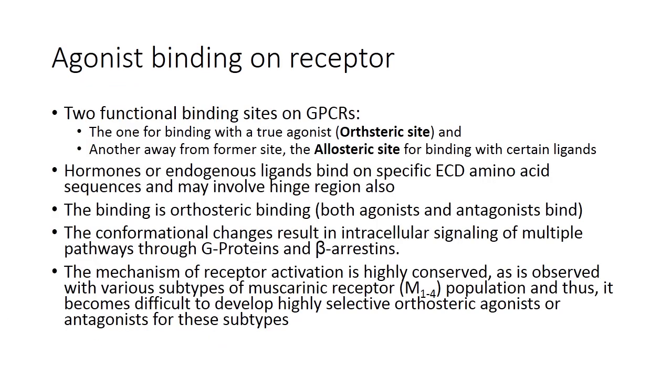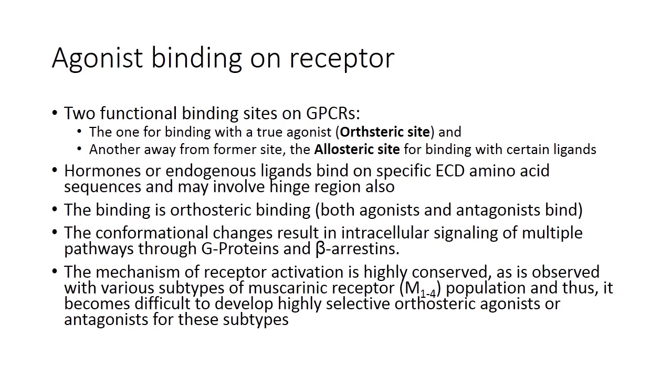There are two functional binding sites on G-protein coupled receptors. The one which I discussed earlier is the orthosteric binding site for the agonists, and there is another site of binding for the ligands and drugs which is adjacent to the orthosteric site and provides another binding site for a number of the new molecules.